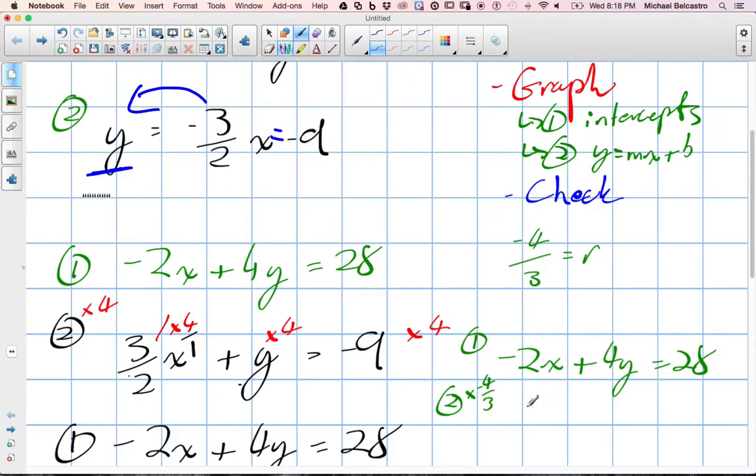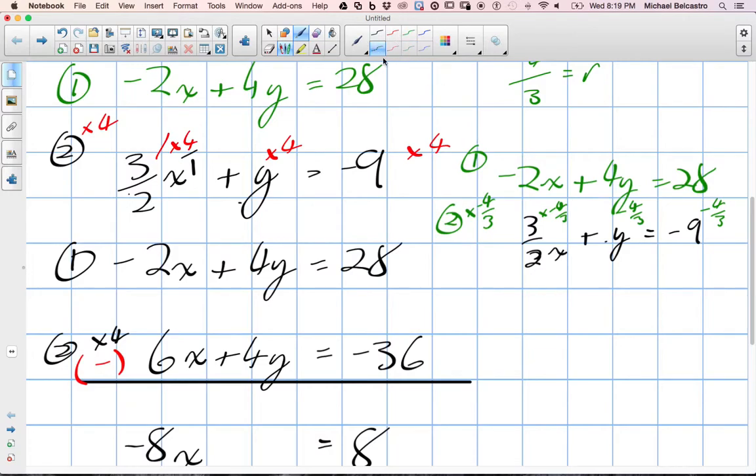I'll write it all out: 3 over 2x plus 1y, sorry, writing the wrong equation here. Plus y is equal to negative 9. We need to multiply each of these by negative 4 over 3, negative 4 over 3, and negative 4 over 3. So hopefully this is going to simplify into something a little nicer to write.